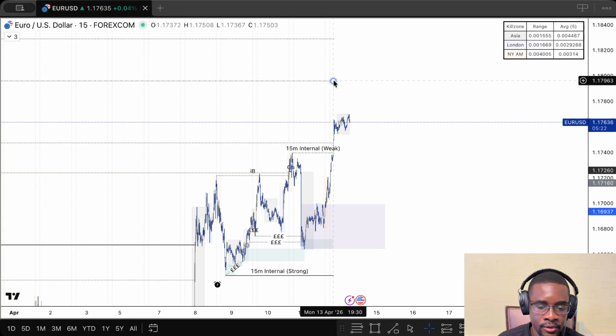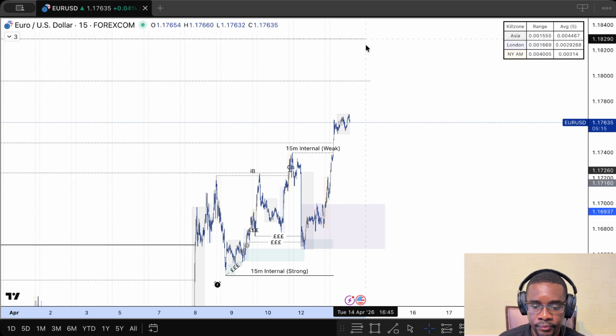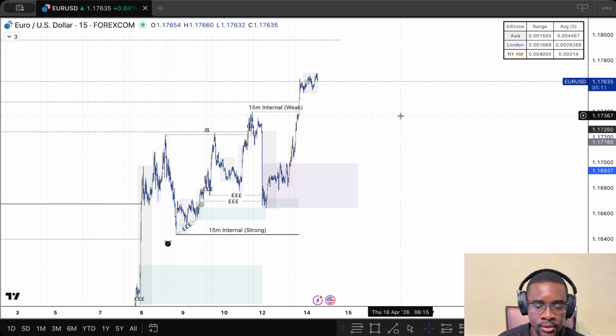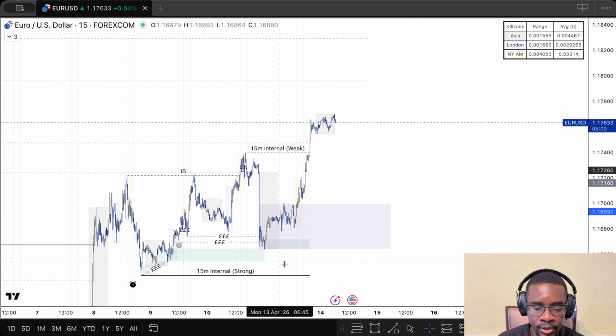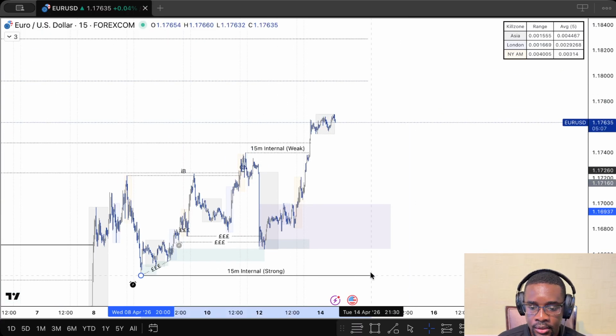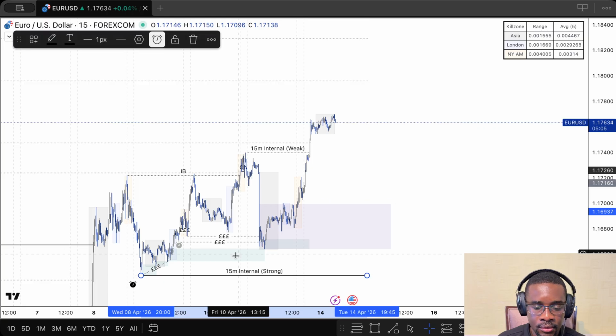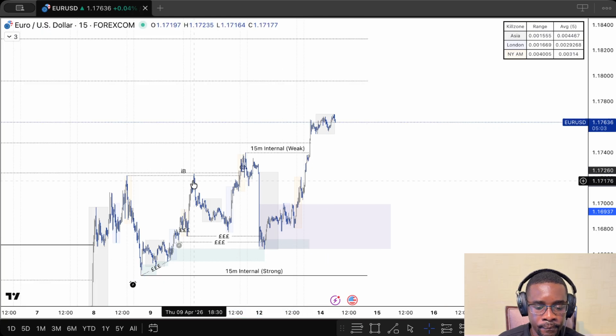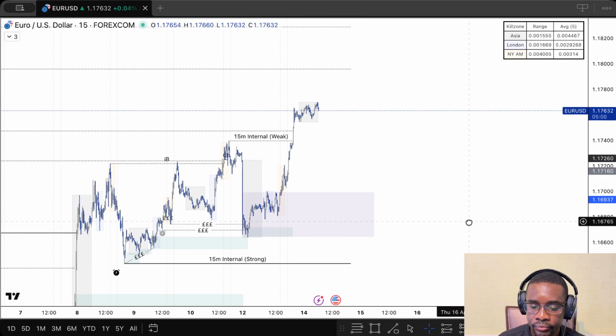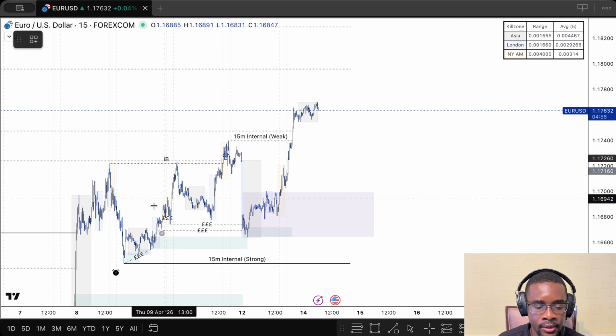And then we have these structural highs, which can be targeted by price. So these are potential liquidity pools that price can target. Alright, so right now, this is the current range that we're in.